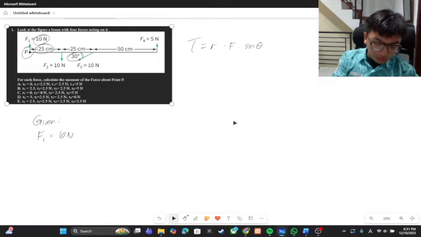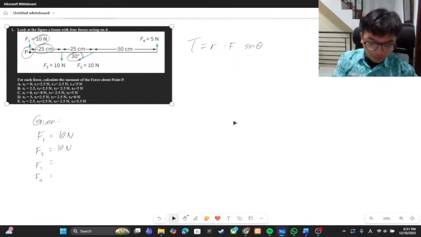Force 2 is also 10 newtons. Force 3 also has 10 newtons. And force 4, this is the interesting one, it only got 5 newtons. Then we also have the force 3 degree. I'll just write F3D is equal to 30 degrees angle.